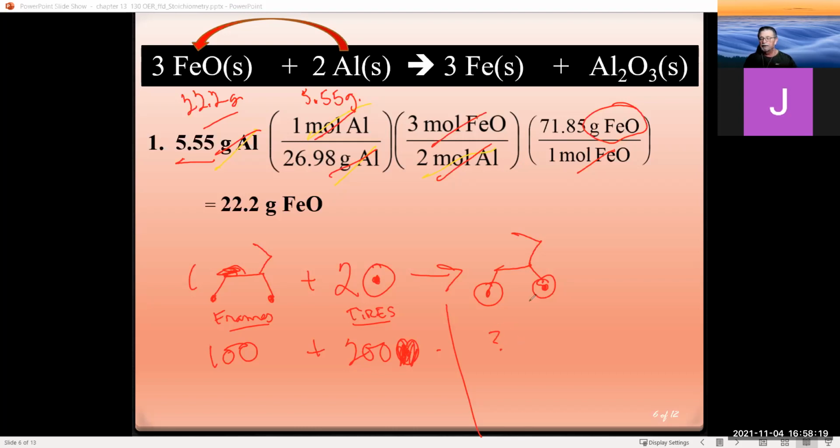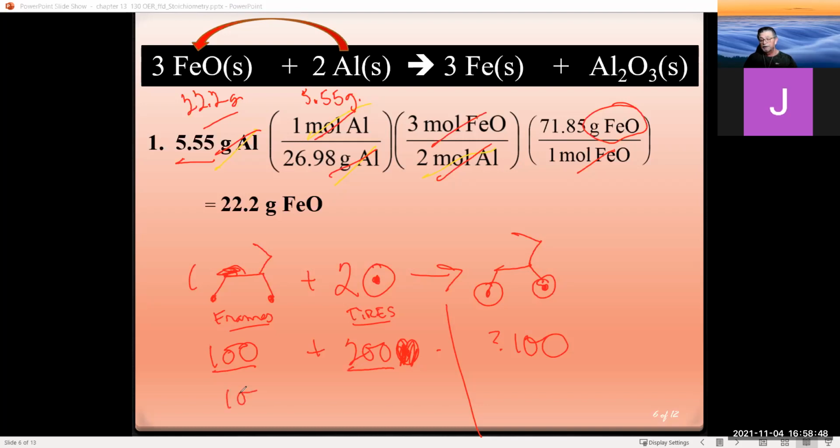How many assembled bikes do I have? Wouldn't I have 100 assembled bikes? Yeah. Assembled, right? Now, that means I need exactly 100 and exactly 200.